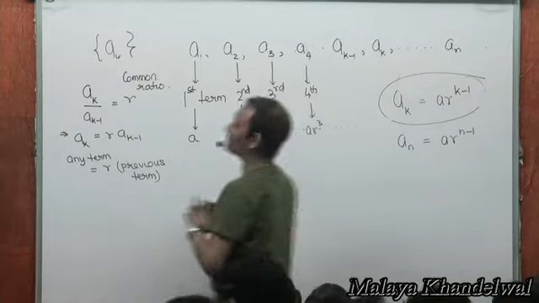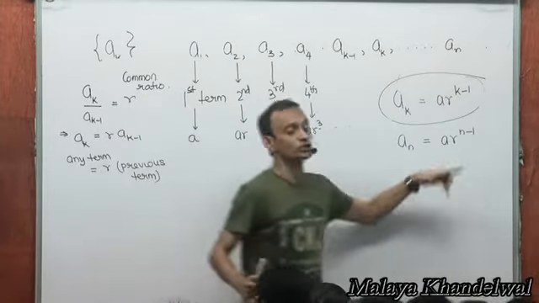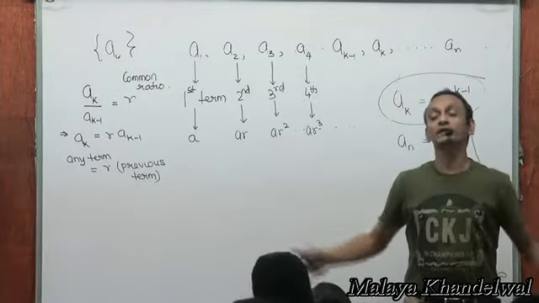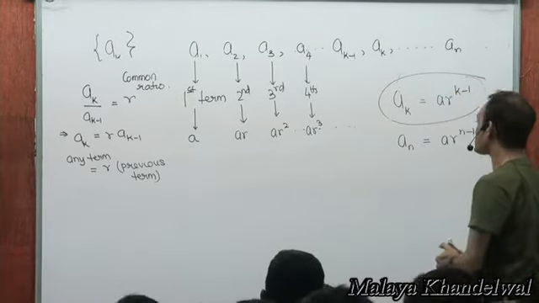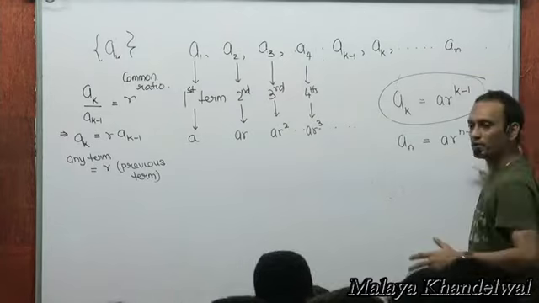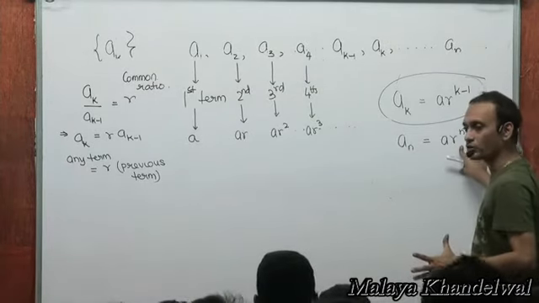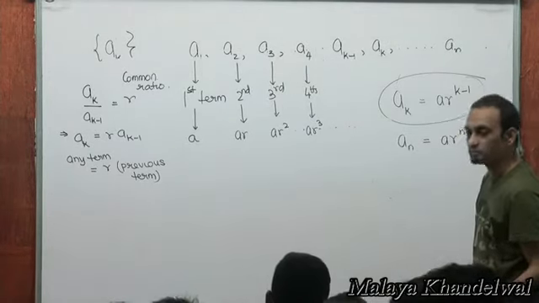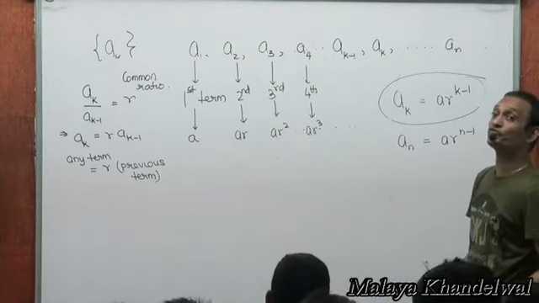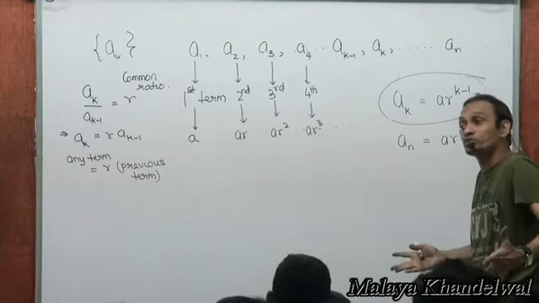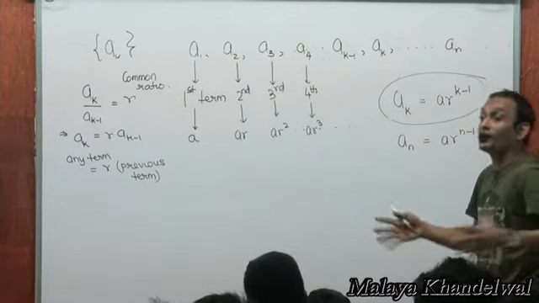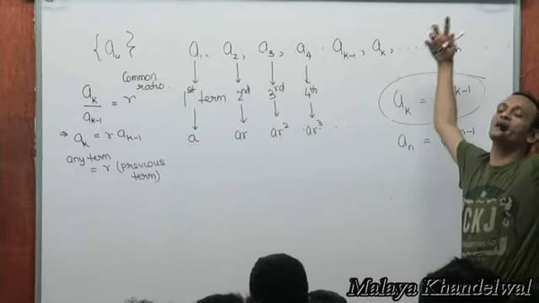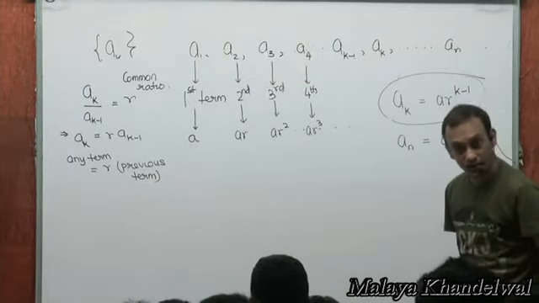So now that we know, given the first term A and common ratio R, that the collection is a GP series, and we can find any member of this GP series given the first term and common ratio R, it then becomes binding upon us to be able to evaluate the sum of n terms of this GP series given the first term A and the common ratio R. I want to be able to compactly represent the sum of the first n terms of this GP series.